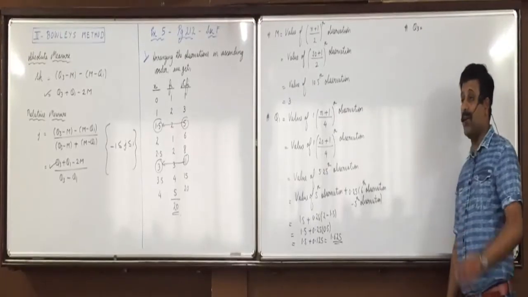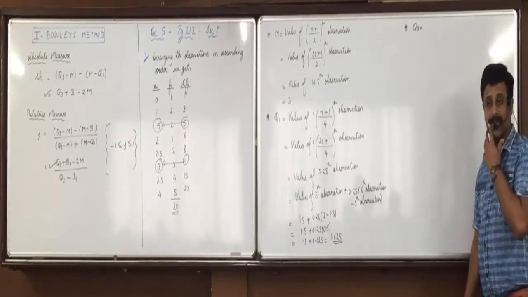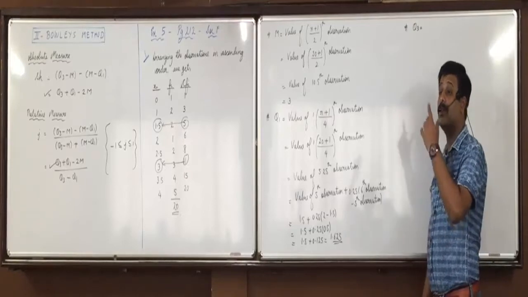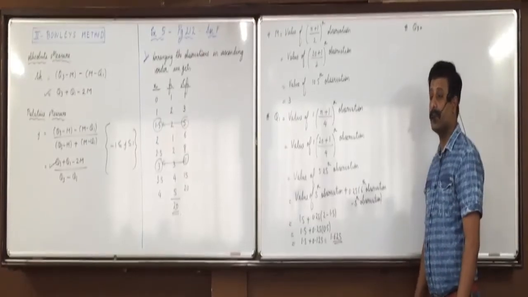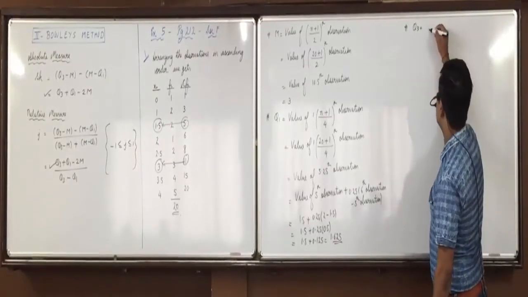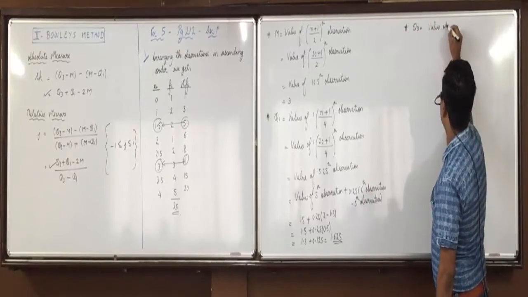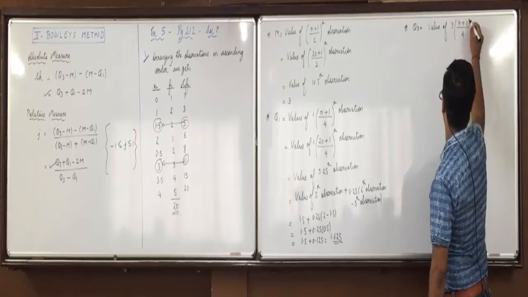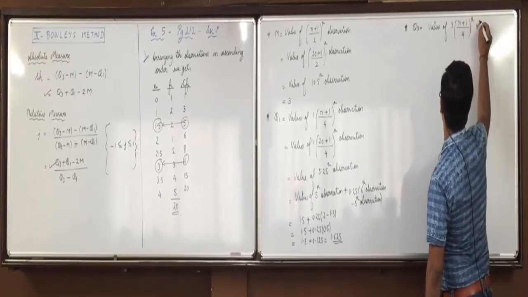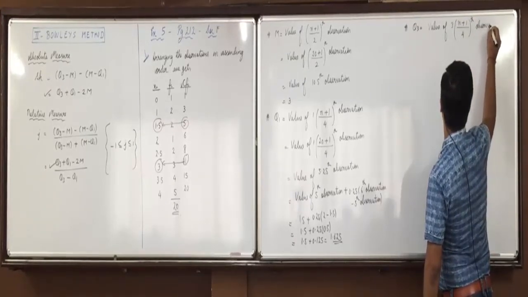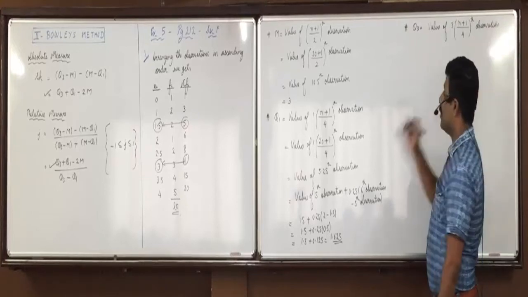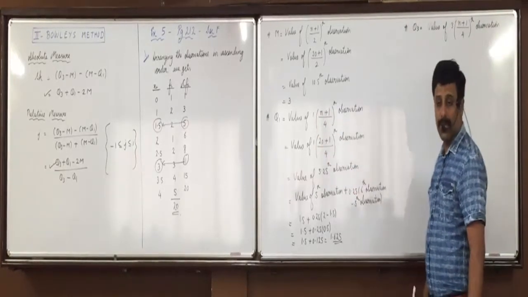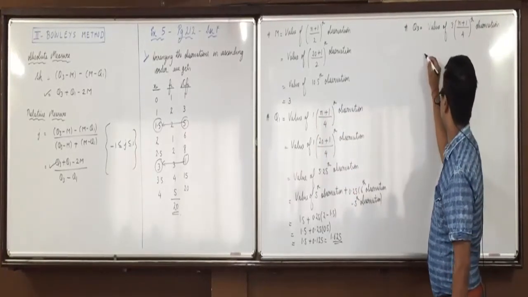Now Q3. Raise your hand. Formula of Q3. Dhruvi? 3 into (n plus 1) upon 4th observation. Yes, like we did 1 into (n plus 1) upon 4th, now 3 into (n plus 1) upon 4th.